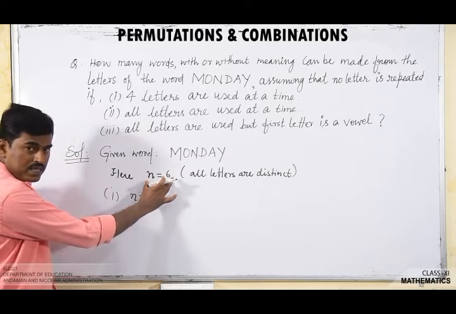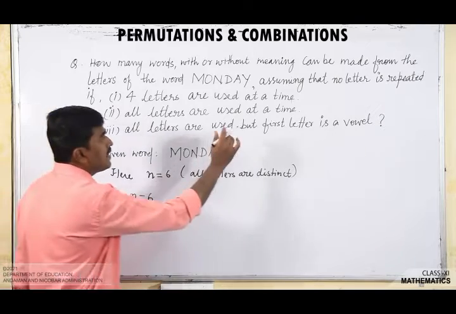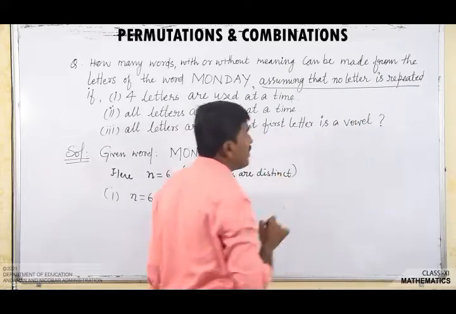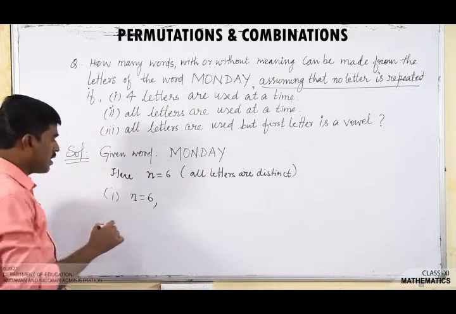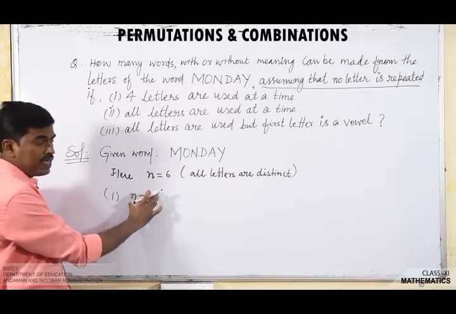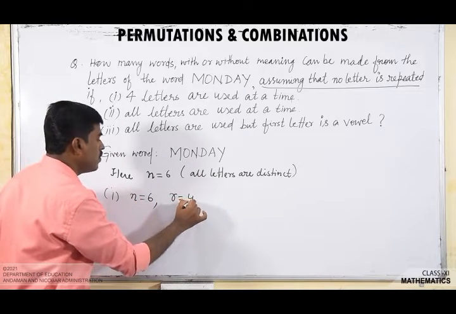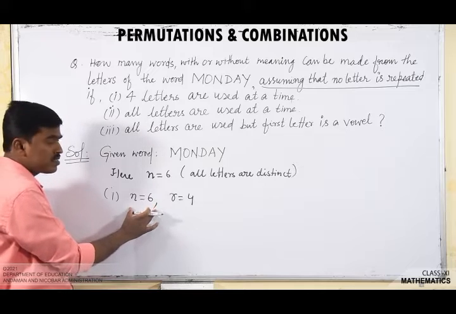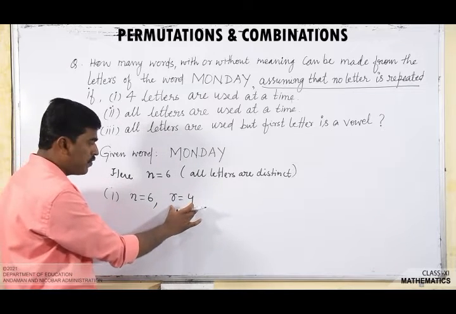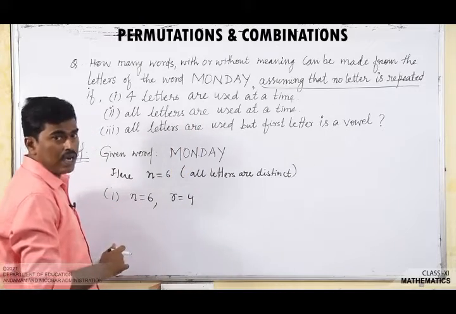All the letters are distinct here, and repetition is not allowed. It is given that assuming that no letter is repeated. Repetition is not allowed, and we have to take 4 letters at a time. So r is equal to 4. Total number of letters is 6, and the number of letters to be taken, that is r, is equal to 4, and repetition is not allowed.